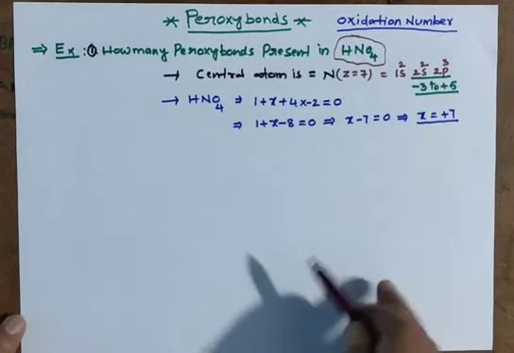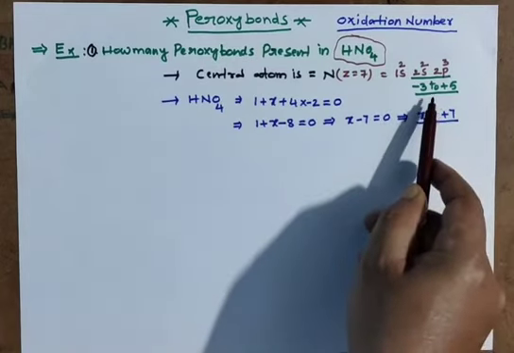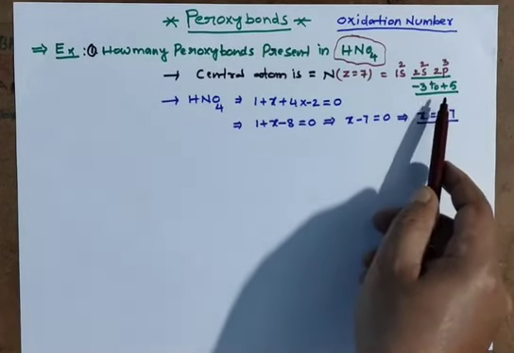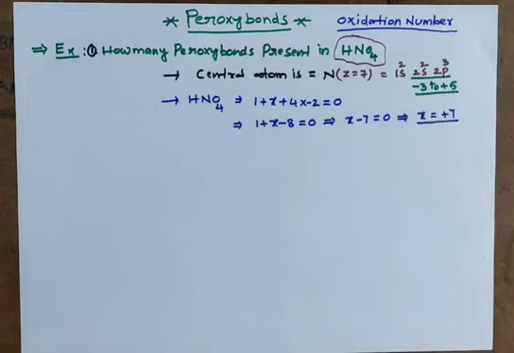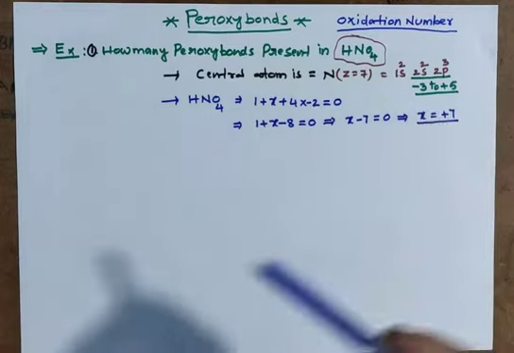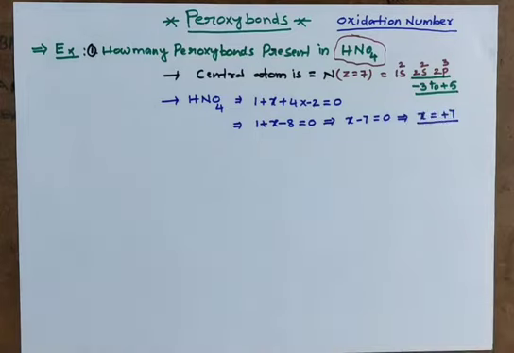But the actual range is -3 to +5 only, so it is not possible to exhibit +7.